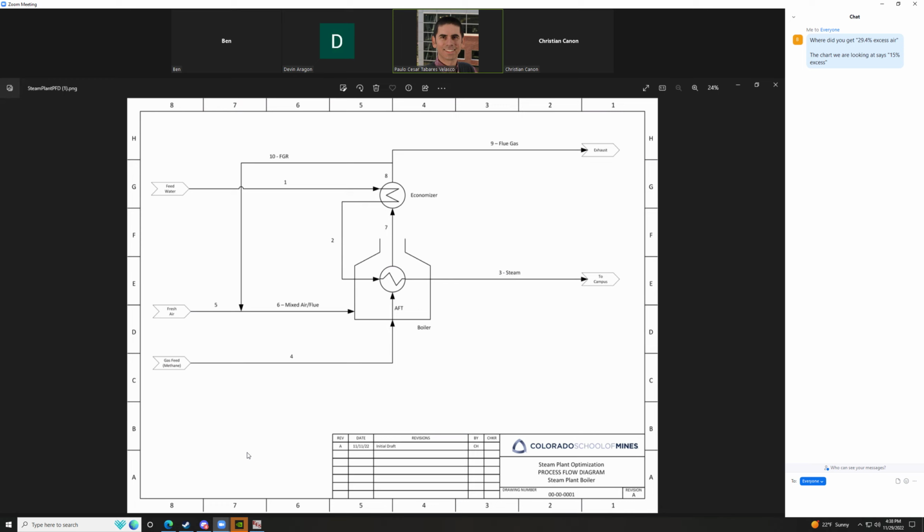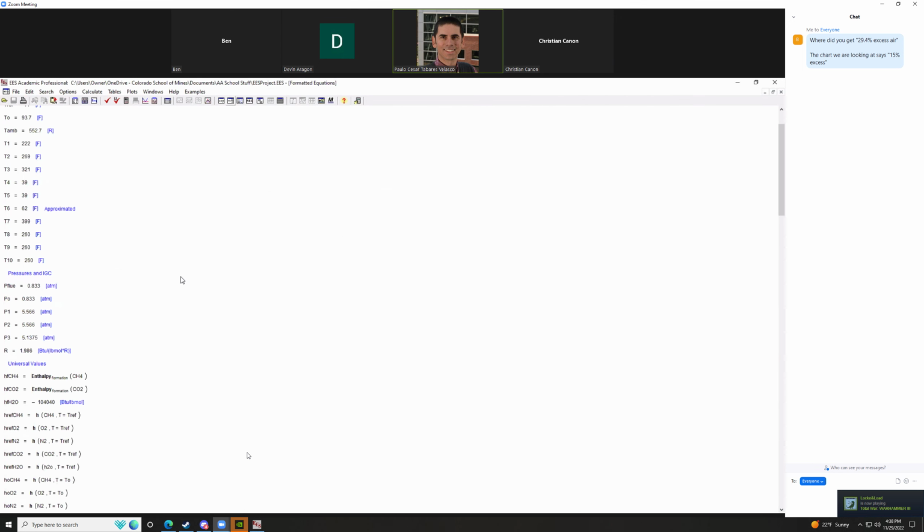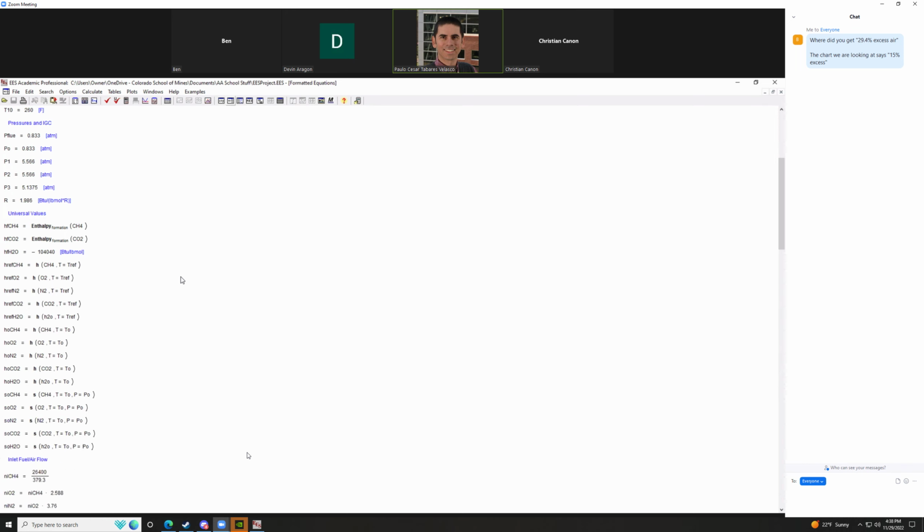And I'm still seeing your diagram, by the way. Sorry, this is changing on me. Okay. Yeah, because you basically fix all the temperatures, right? Except for the adiabatic flame temperature. And then you kind of force it to get to the temperature there.